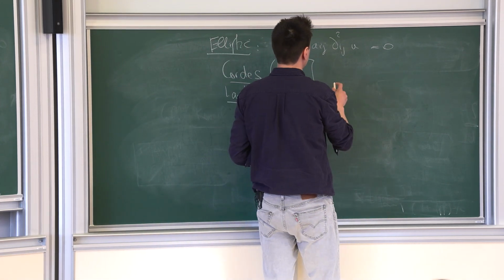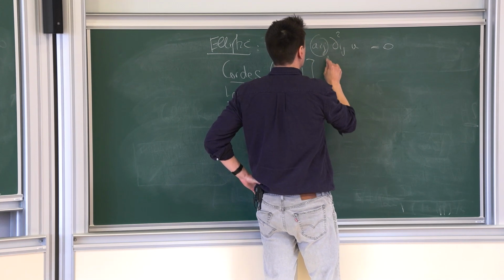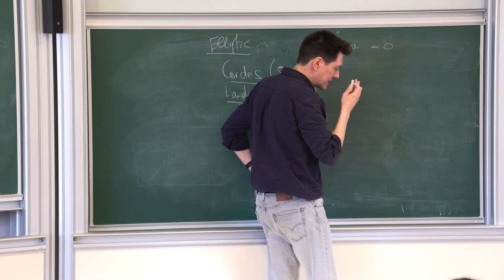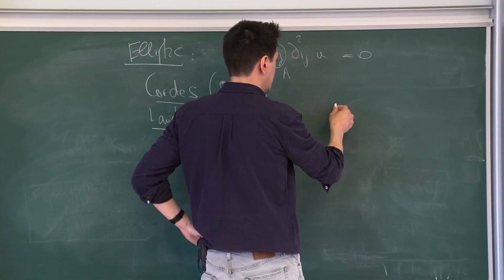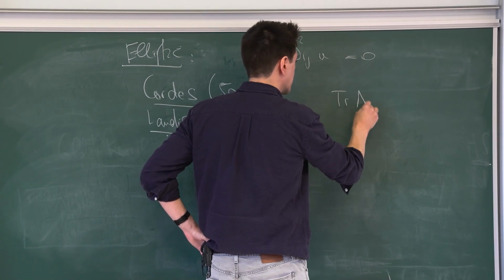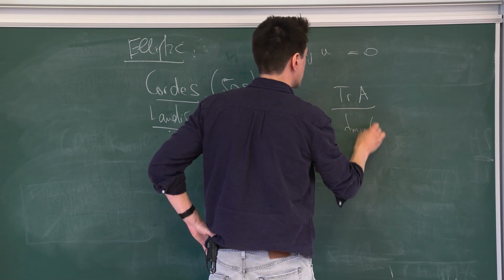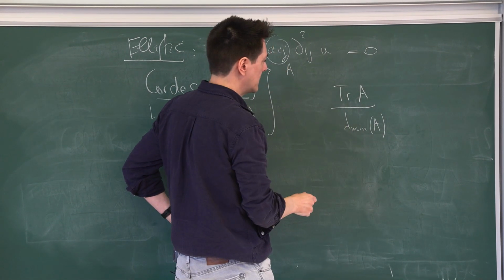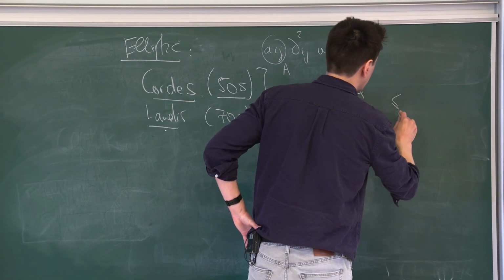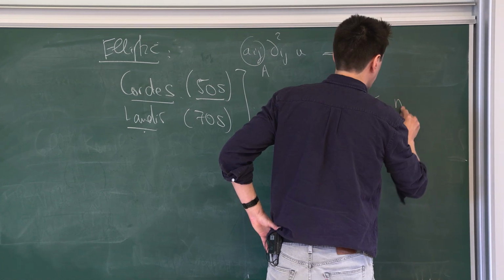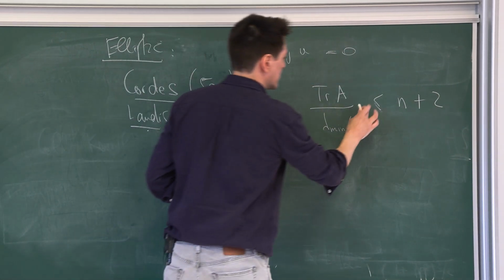So they tell you that if you have a condition on this matrix A, which is, I mean, the meaning is obvious, I just want to write technically the good one. You say that if the trace of A divided by the smallest eigenvalue is less than n, the dimension plus 2, and I think it's strict, but I wouldn't bet my life on it.